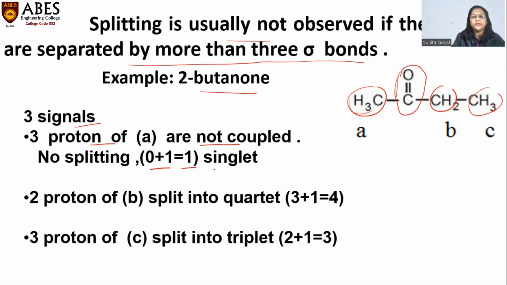So 0 plus 1 will be a singlet for these 3 protons. Now the 2 protons of B will be split due to the presence of these 3 protons. These 2 protons will split the signal of these 3 protons, and these 3 protons will split the signal of these 2 protons. So for the 2 protons of B, it will be a quartet, and for the 3 protons of C, there will be a triplet.